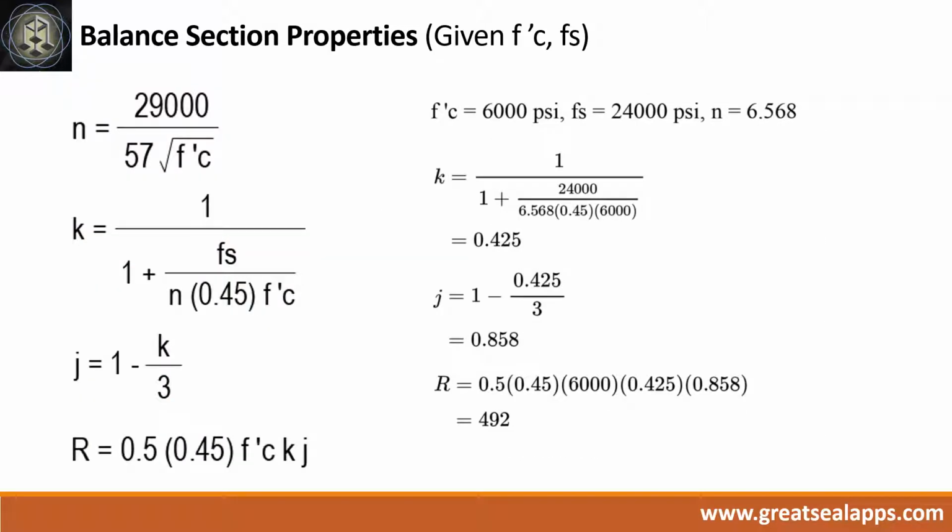Given Fc prime equals 6,000 psi, Fs equals 24,000 psi, the balance section properties are as follows. N equals 6.568, K equals 0.425, J equals 0.858, R equals 492.